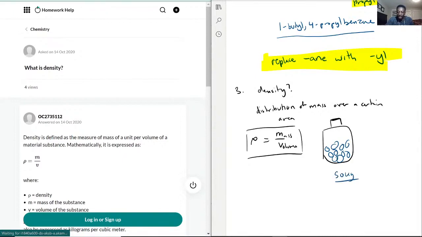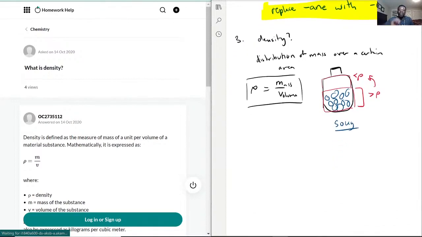But you could also say that this area here has a greater density than this area here. This density here would be less. Why? Because the stuff's near the bottom. Exactly. So if I took the volume of this area here and divided the mass by that volume, I'd get a higher number than if I just divide it by the whole volume, because it's how the mass distributes itself.